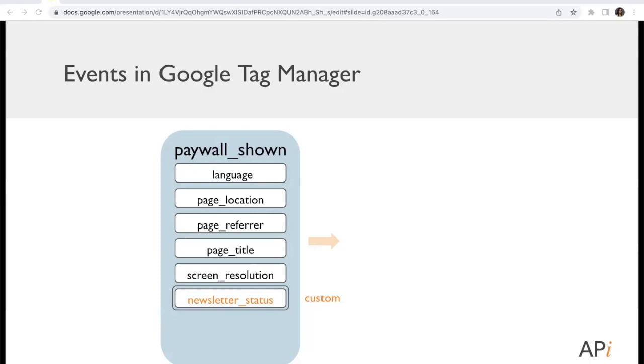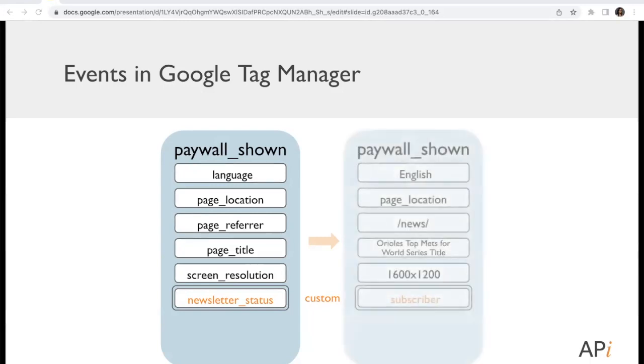So you have that custom parameter in the orange font there. And then when it's pushed to Google Analytics 4, again, all of those parameters will become filled in. Some custom examples do depend on how your site's code is written, but these are just examples of what's possible that you can set up in Google Tag Manager.